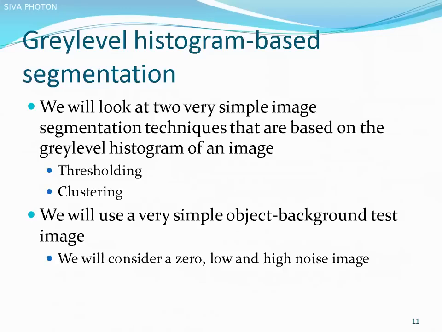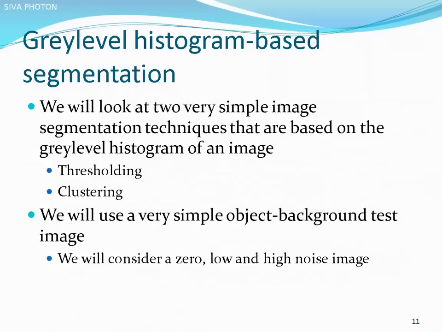Based upon the intensity, we are going to do image segmentation. To do this operation, there are two popular techniques, namely thresholding and clustering. Now we are going to see these operations.